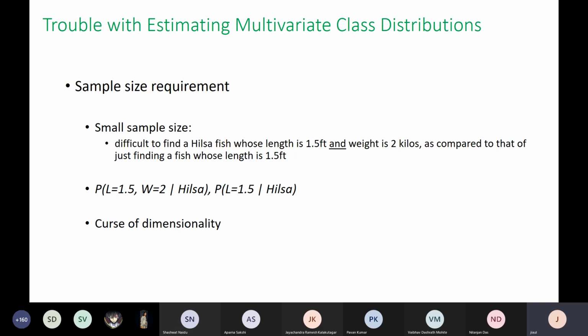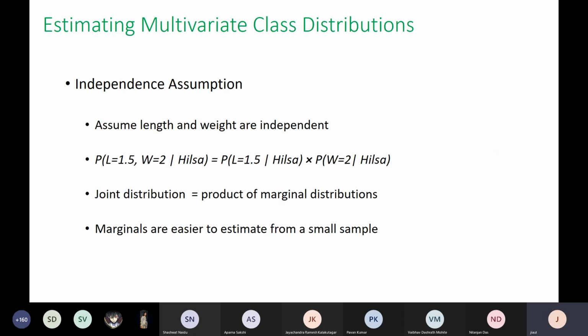So how do we simplify that? We simplify it by assuming that the features are actually independent. For example, length and weight are independent. Not absolutely realistic, but we can make these assumptions to simplify our computation. If we do that, then the joint distribution of all the features together is basically a product of the marginal distributions, the individual distributions.